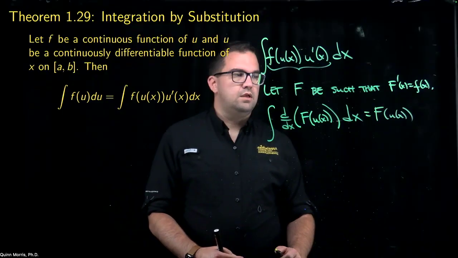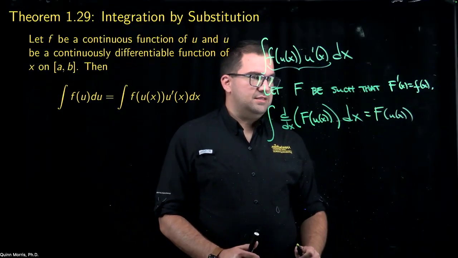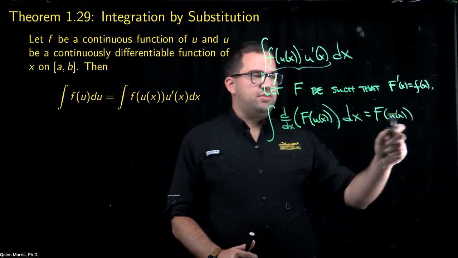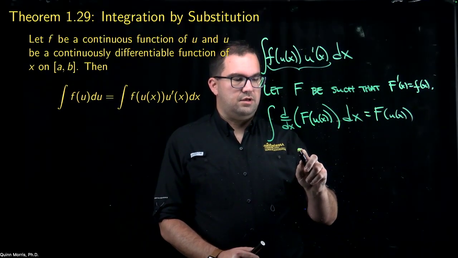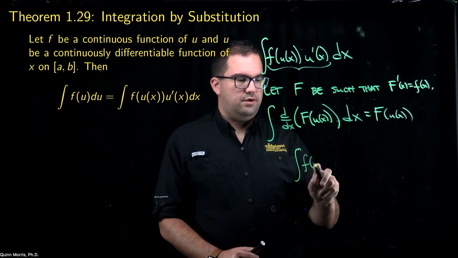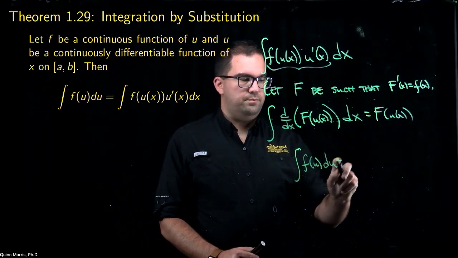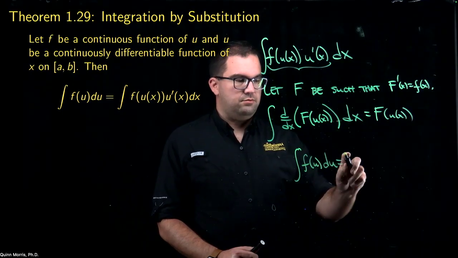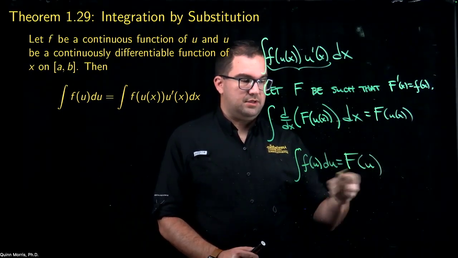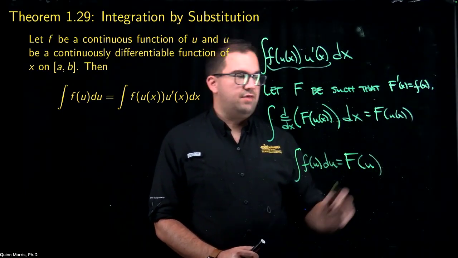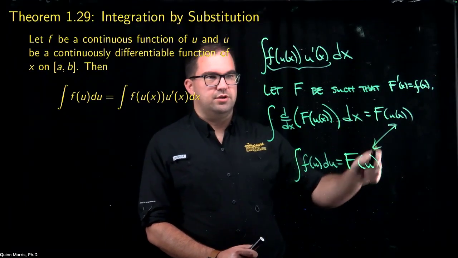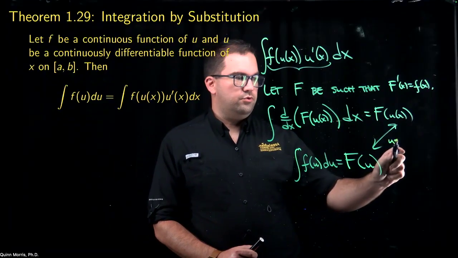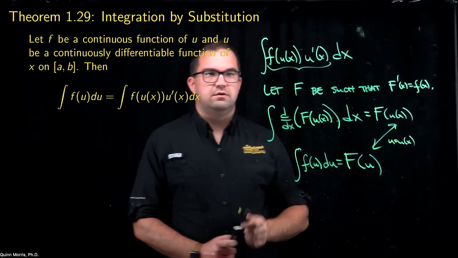Now, this is the same thing I would get by just taking the integral of little f of u du. That would just be capital F of u, an antiderivative of that. So you see that these are really the same thing, where I'm just making the substitution that u is equal to u of x.